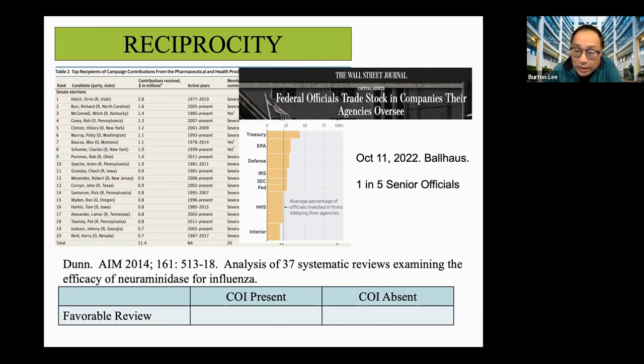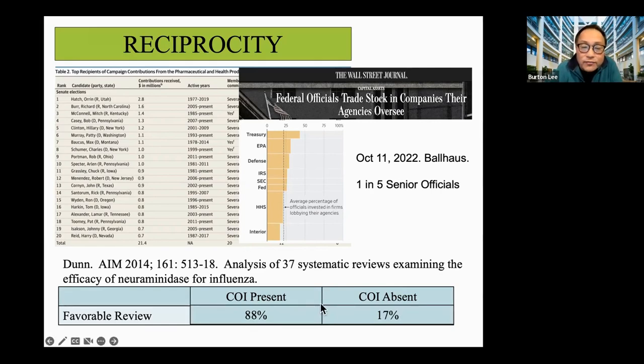Okay. In other words, authors had some industry connection to Roche and other companies that make Tamiflu, and they wanted to know what was the conclusion of the systematic review. Does that influence what they conclude in their paper? This probably isn't shocking at this point since what we already just discussed.